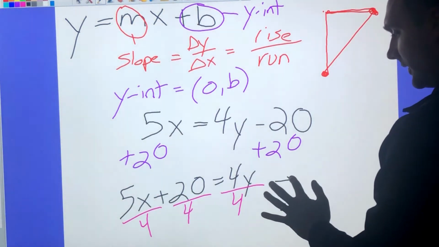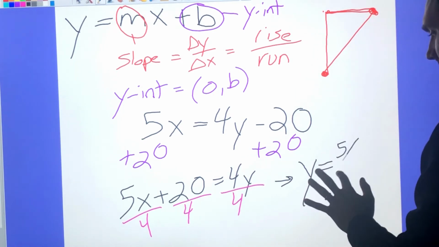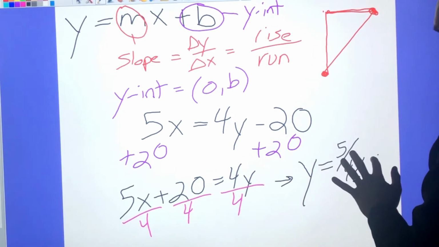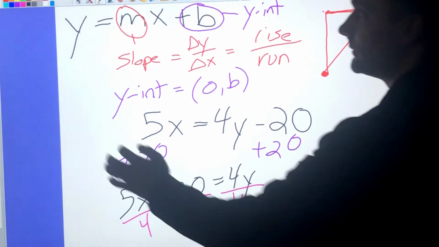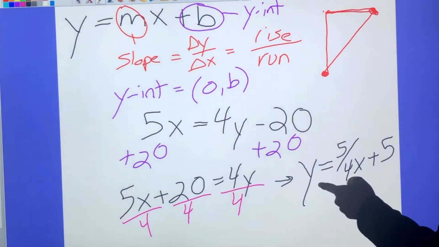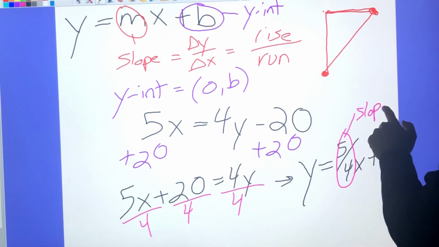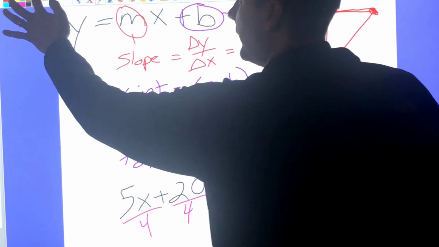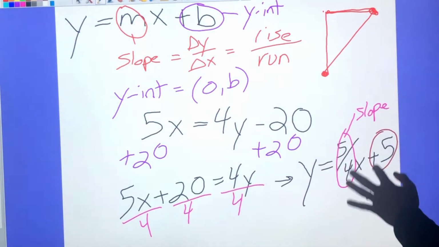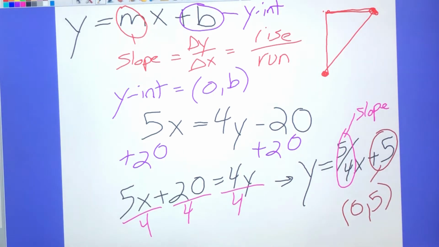Then I'll have my equation in slope-intercept form. y equals 5 over 4 x plus 20 over 4 is 5. So when I'm asked to put this in slope-intercept form, I get y equals 5 over 4, which is my slope, plus 5. And 5 as a y-intercept is 0, 5.